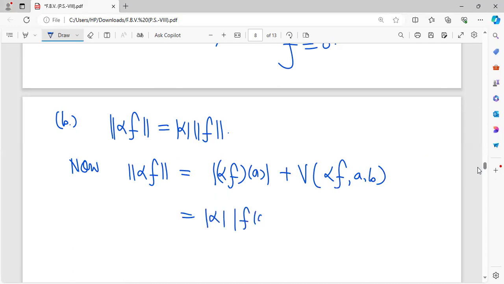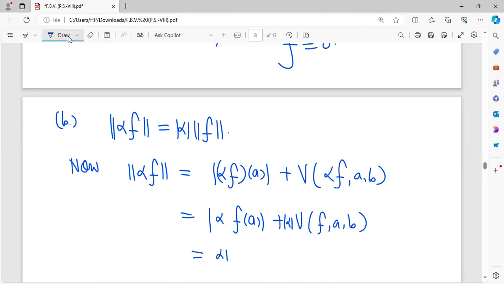Let's expand it properly. This is the absolute value of alpha F(a) plus the variation of alpha F, which is nothing but the absolute value of alpha times the variation of F on [a, b].